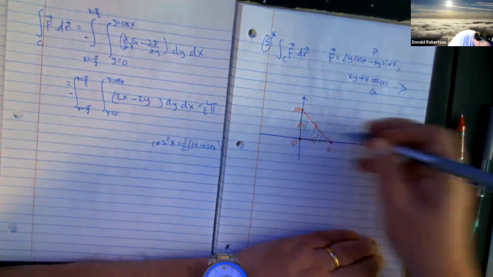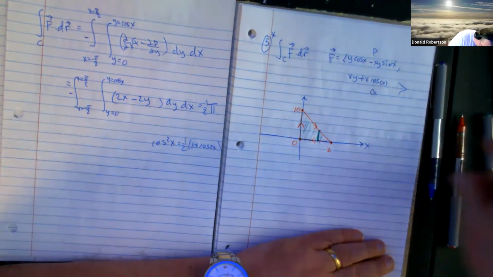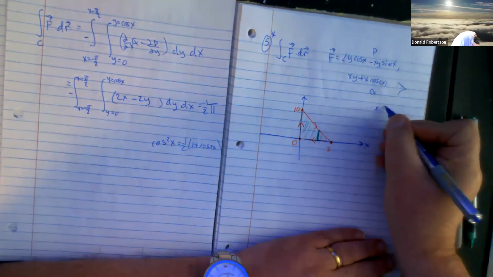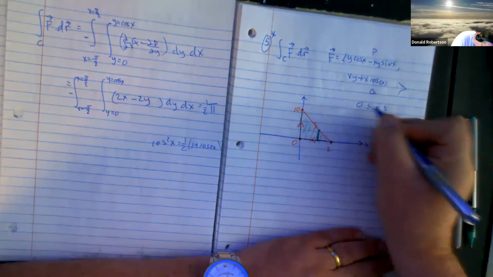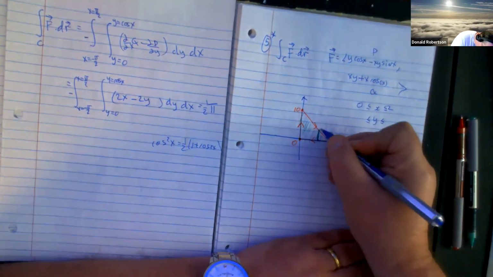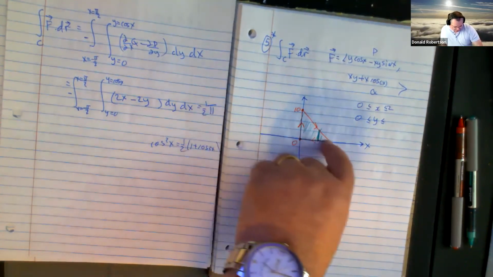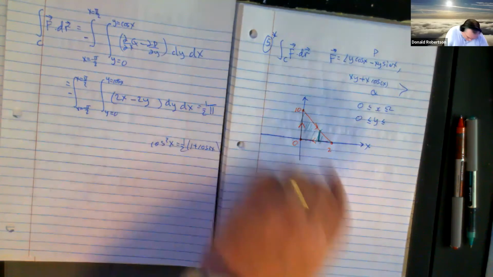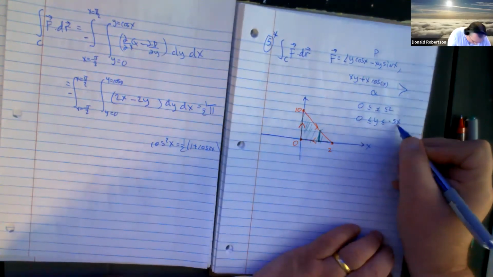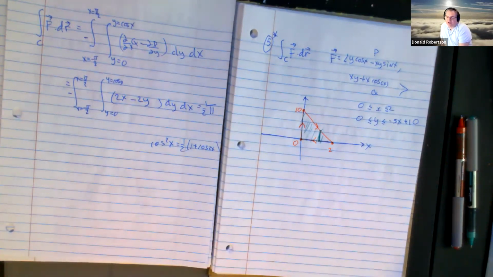So I'll set up my limits of integration. And so x is going to be from 0 to 2, and y is going to be from 0 to whatever the equation of that line is. 10 by 2 means it's a slope of -5, and the intercept's at 10, so it's -5x plus 10.